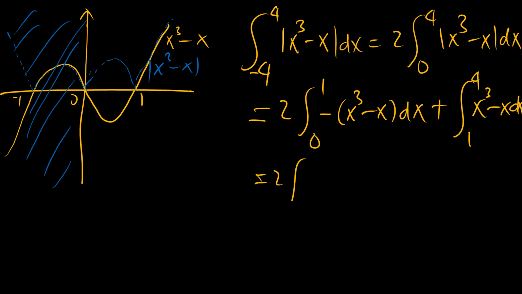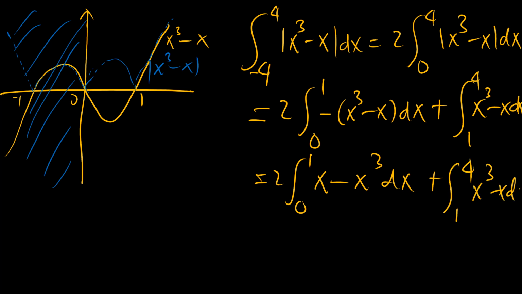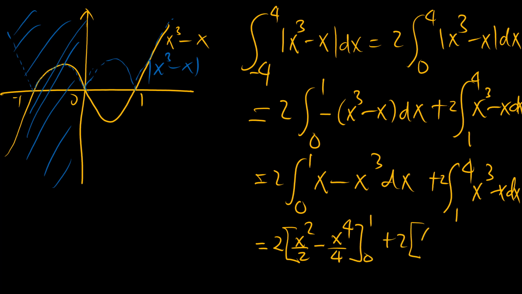So this becomes the integral from 0 to 1 of x minus x cubed dx plus the integral from 1 to 4 of x cubed minus x. And we forgot to put 2 here and 2 here. So this becomes 2 times x squared over 2 minus x to the power 4 over 4, from 0 to 1, plus 2 times x to the power 4 over 4 minus x squared over 2, from 1 to 4.